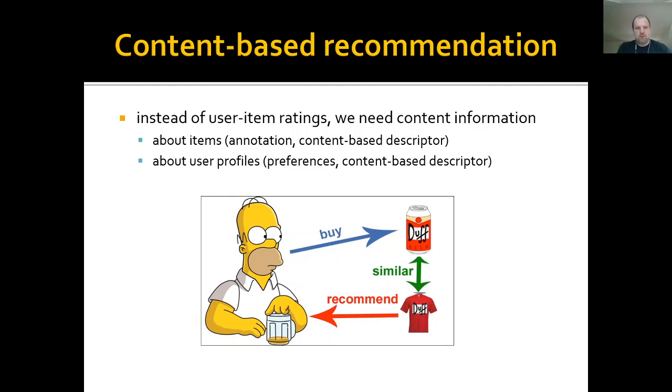Okay, so that was collaborative filtering. The second category or method of recommending is content-based recommending, and it's useful in cases where we don't have enough ratings, which is the problem of collaborative filtering. But we do have another knowledge instead, and that's the features of the objects themselves.